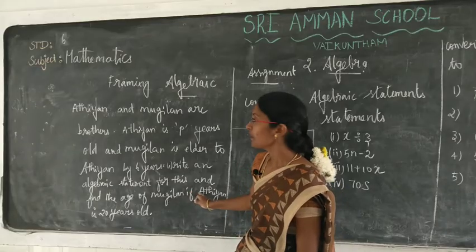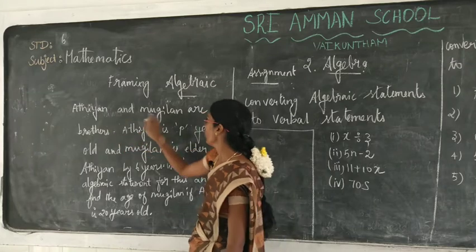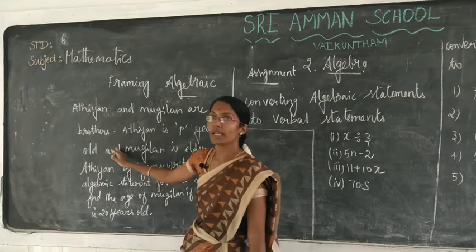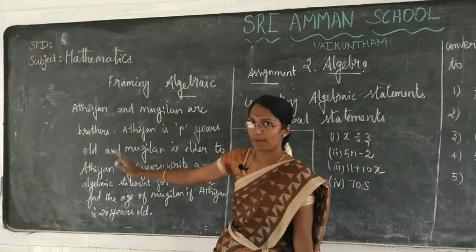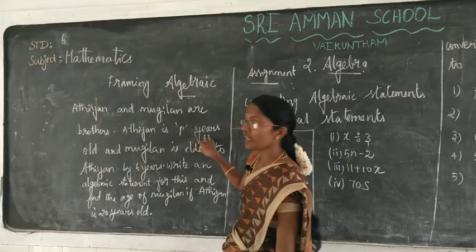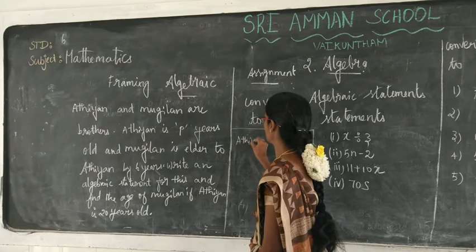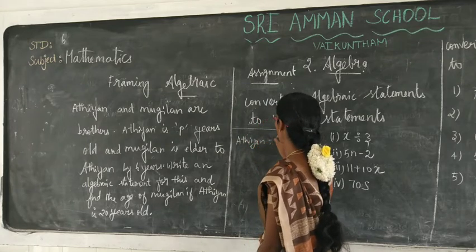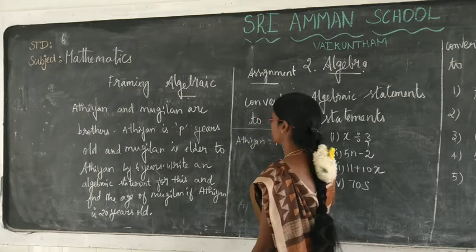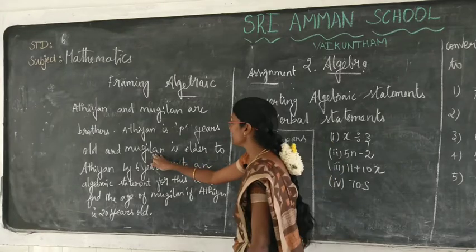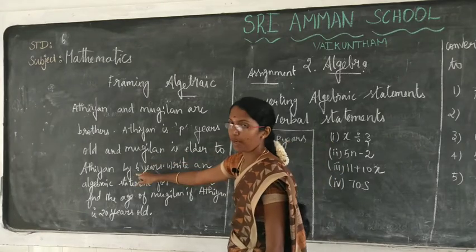The next example is, see here, Adiyan and Mugilan are brothers. Adiyan is P years old. So write down, Adiyan is P years old. Okay, and Mugilan is elder to Adiyan by 6.